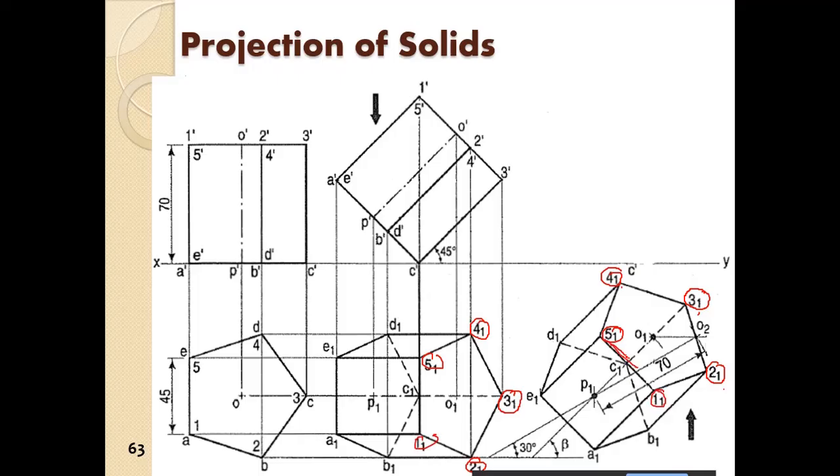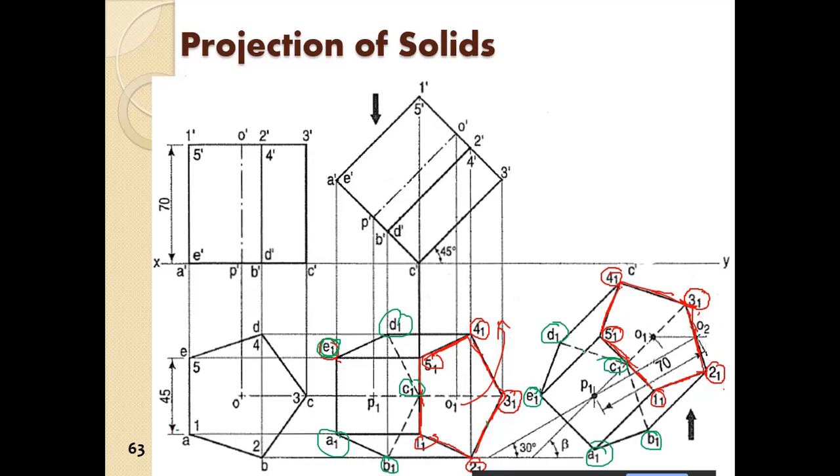So this face is basically this face over here, rotated by 30 degrees. And on this face, E1 is here, A1 is here, D1 is here, B1 is here, and similarly C1 is here.